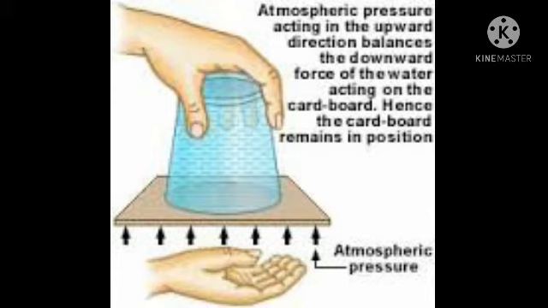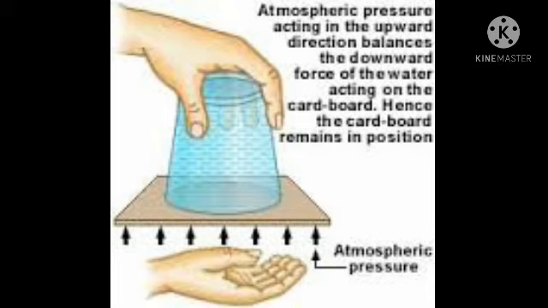This is because of atmospheric pressure. The air exerting pressure in the upward direction balances the downward pressure of the water on the cardboard. So we can conclude that air exerts pressure.